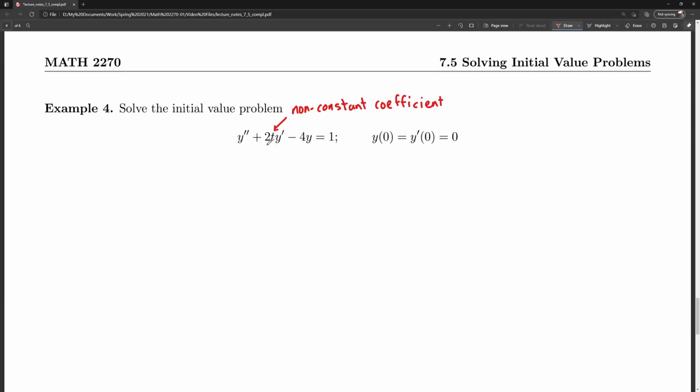So all our methods in chapter 6, the coefficients of our differential equation were constants. So this shows the power of the Laplace transform.